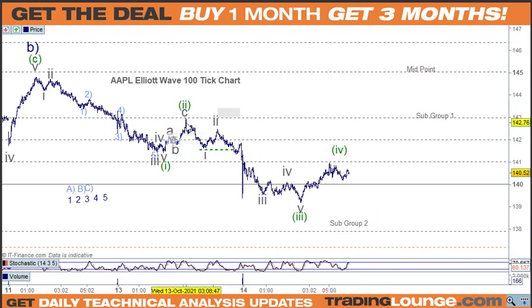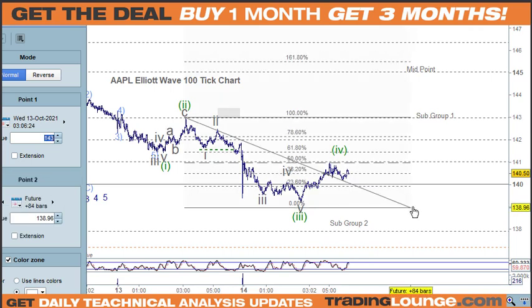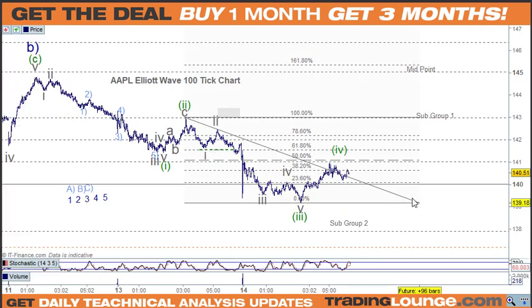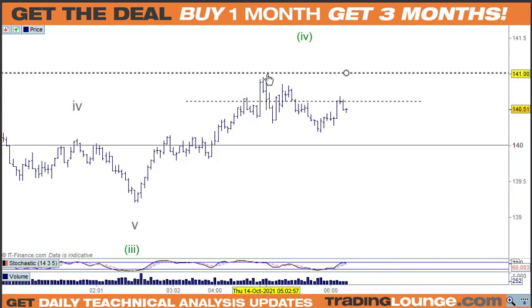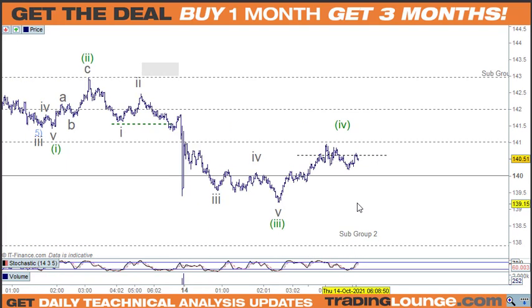And that would bring us back to 38.2, so we're already at home there. The move up here is in 3 waves so far, but that looks corrective at that point. It looks like an A and a B and 1, 2, 3, 4, 5, so it looks like it wants to go up. That's interesting.